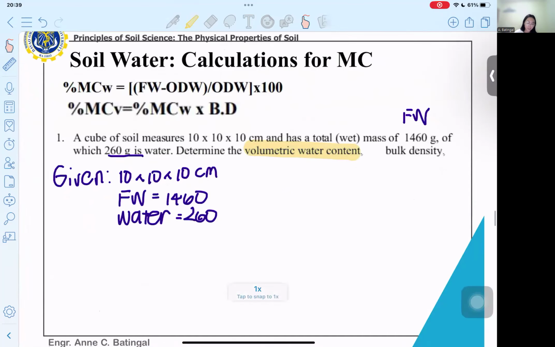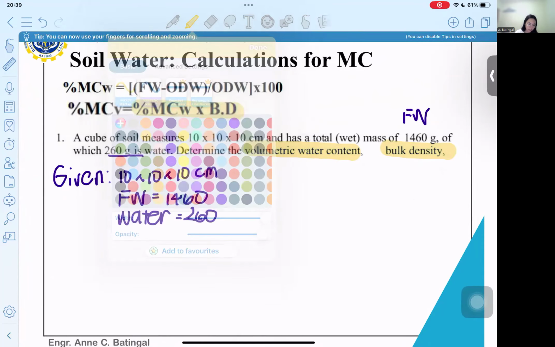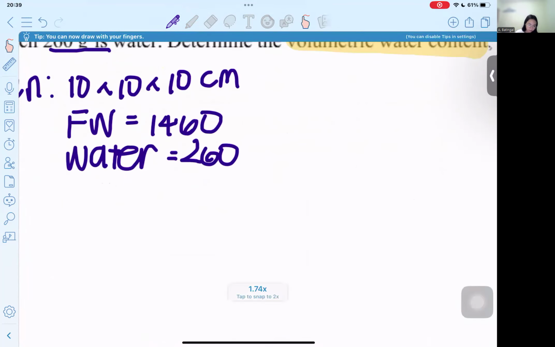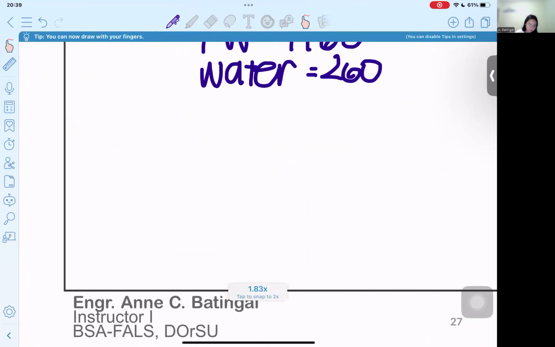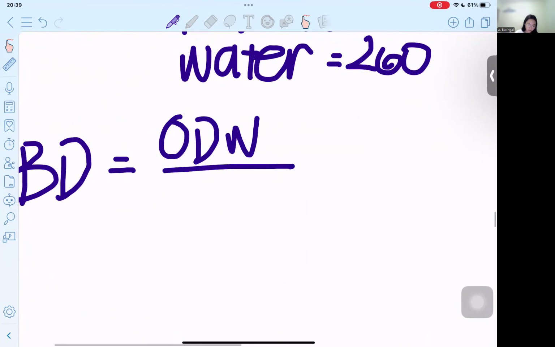Now, for the volumetric water content formula, it requires the moisture content by weight and your bulk density. So, first we have to solve for your bulk density. So, how to solve the bulk density? Remember the formula for bulk density is equal to oven dry weight over total volume of your soil or the bulk volume.